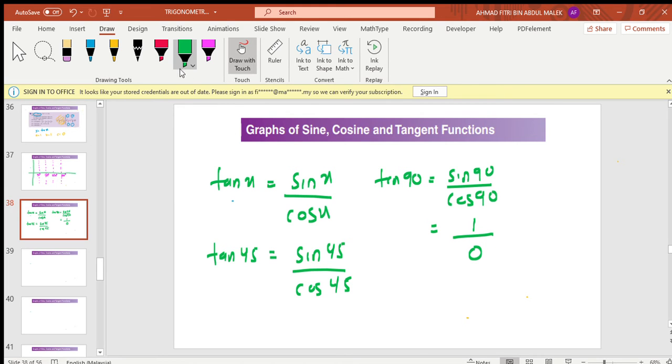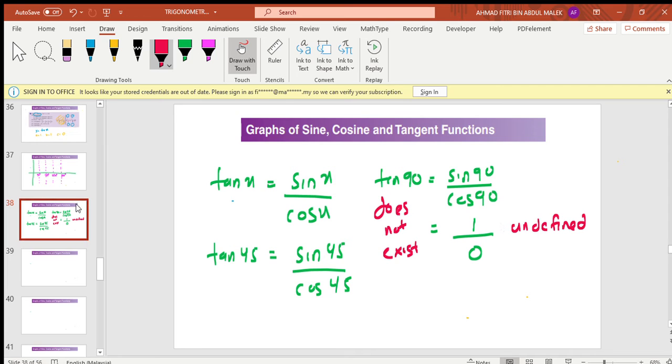So 1 over 0 is an undefined situation. So the value of tangent 90 does not exist here. Because of that, the tangent graph won't ever touch the 90 degree value.